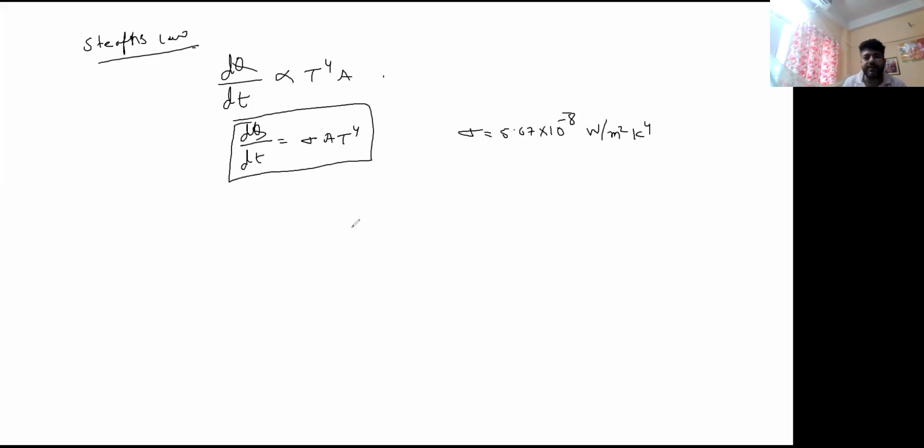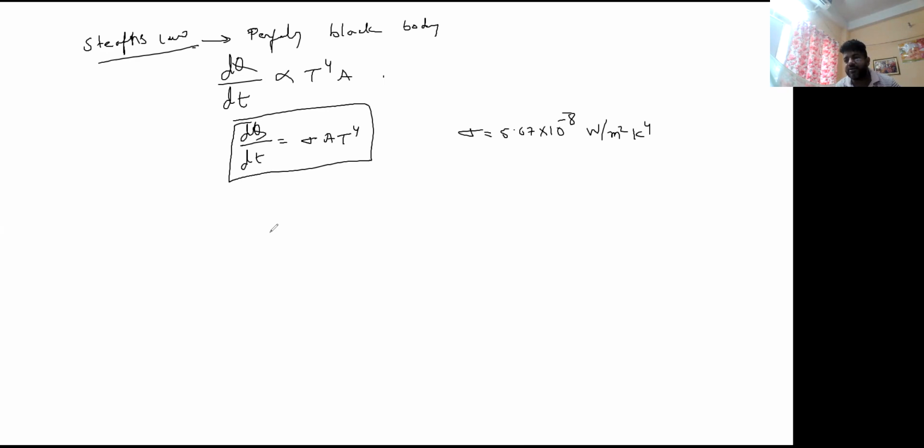अब इसमें से एक और बात देखो कि this is Stefan's law for a perfectly black body. But no body is perfectly black, because in a perfectly black body, the amount of heat absorbed by the body is equal to the amount of heat emitted by the body instantly. मतलब जितना heat absorb करेगा उतना ही heat तुरंत emit कर देगा, ठीक है.